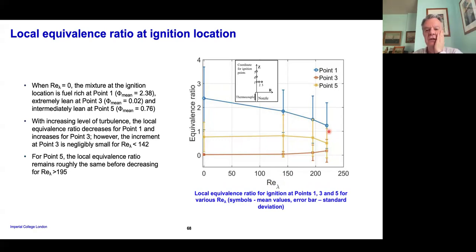Of course, there are failures, and as you change the points where you place your igniter, you get a different chance to ignite depending on the equivalence ratio, while at other points you have a different behavior.